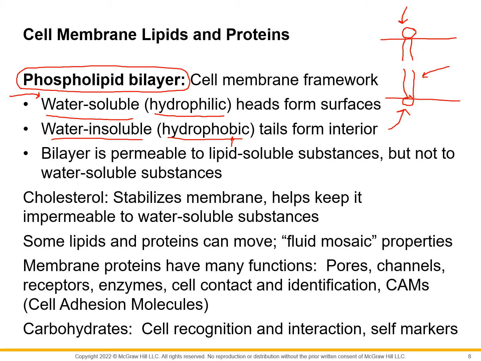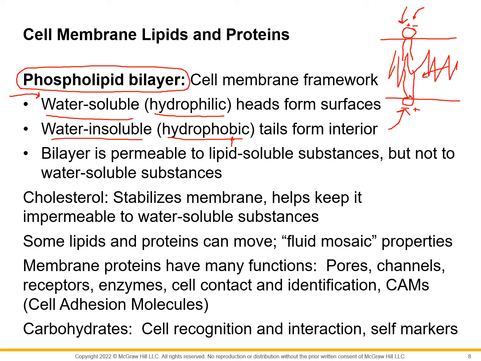So the way this works is these little polar heads, which have little charges to them, are going to attract things to it. Now that's on the inside. I should have put it here since I did just a minute ago say that these are on the outer and inner side. So it's going to bring things close to it. But because I have this fat soluble middle, it repels it. The polar things can't go through it.